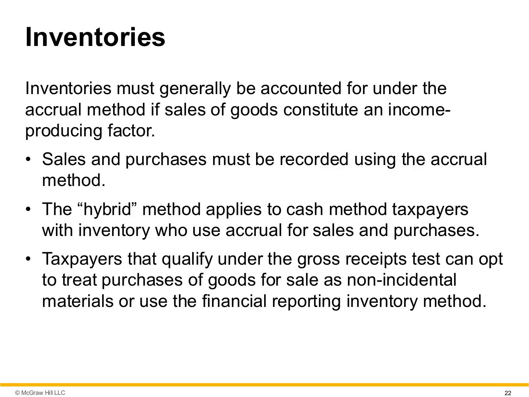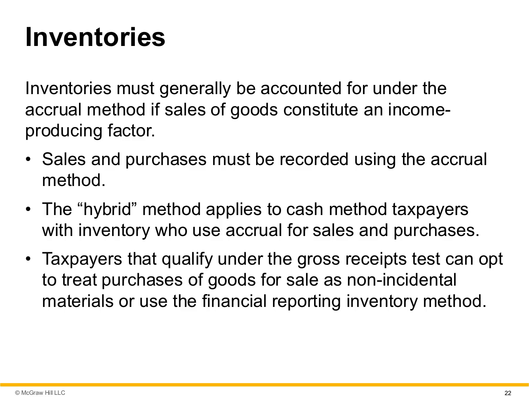For inventories, the key factor we need to keep in mind is that inventories generally must be accounted for under the accrual method if the sale of goods is a material income producing factor for your business.